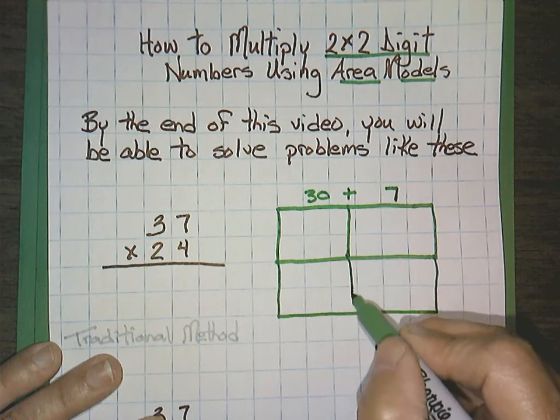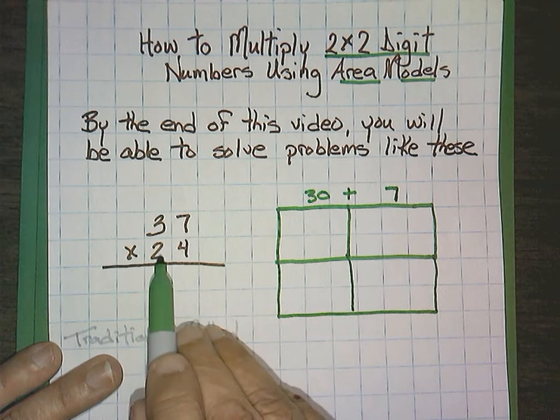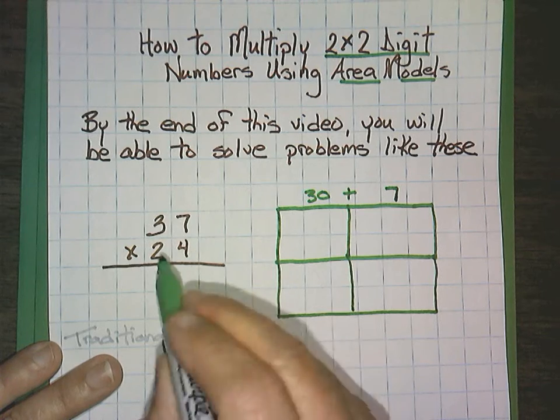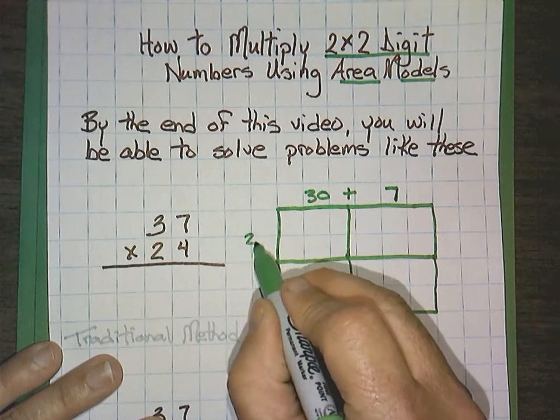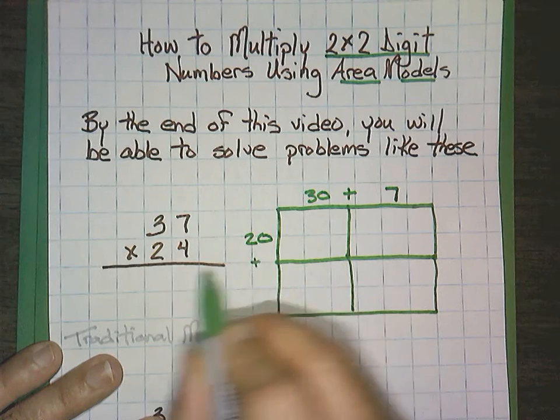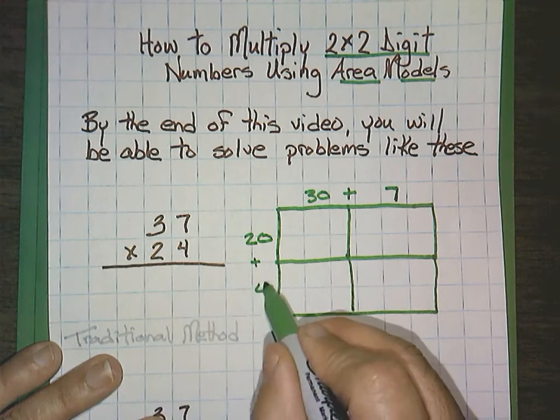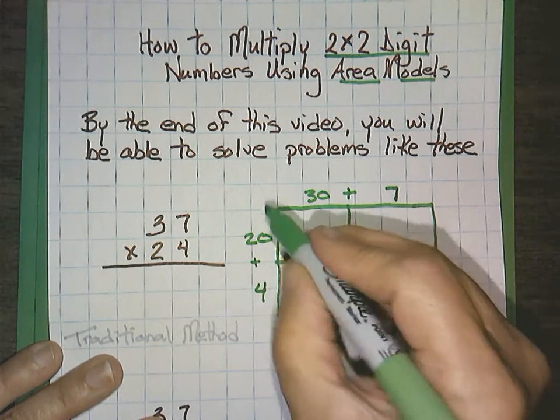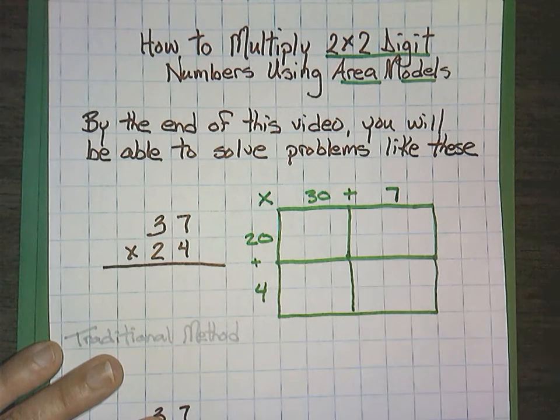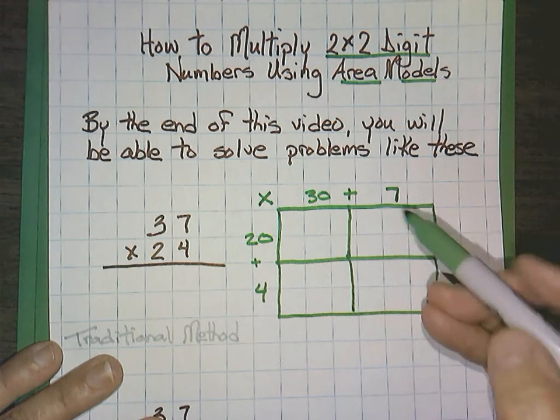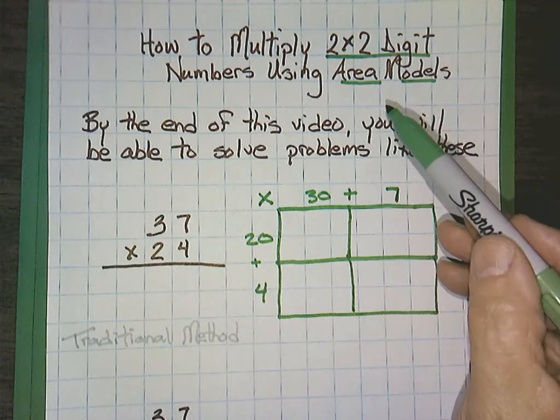I'm going to expand this a little bit. And then notice that our 24 would be 2 tens plus 4 ones, so I'm kind of coming down on this axis. And of course, we would be multiplying. So this box here is what we refer to as an area model for this problem.